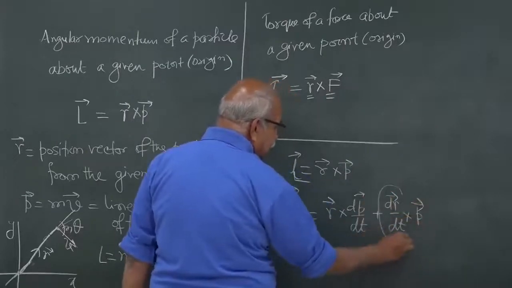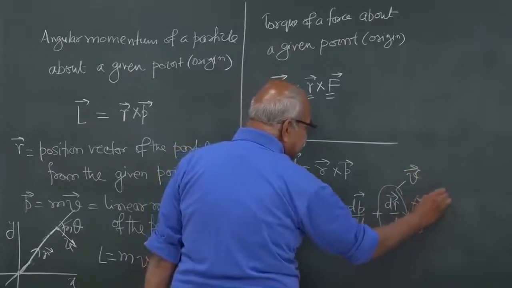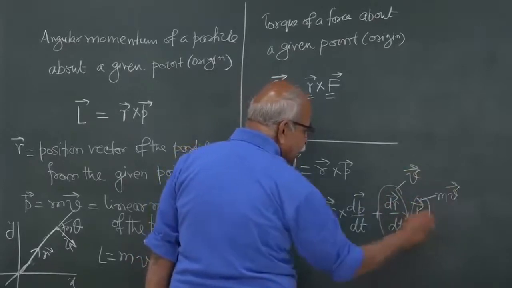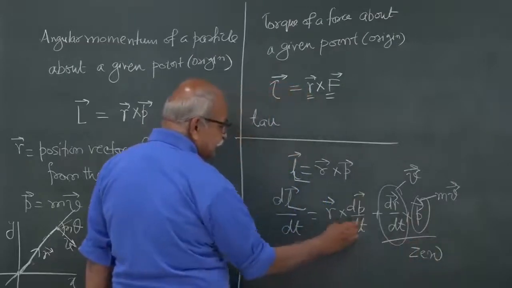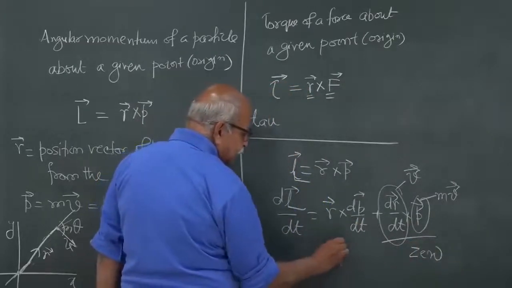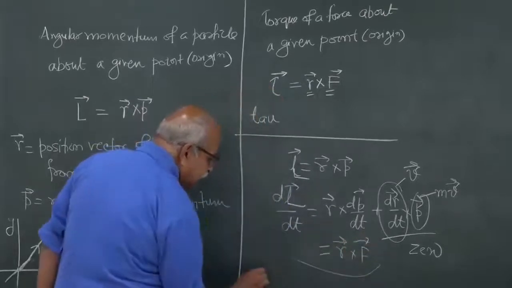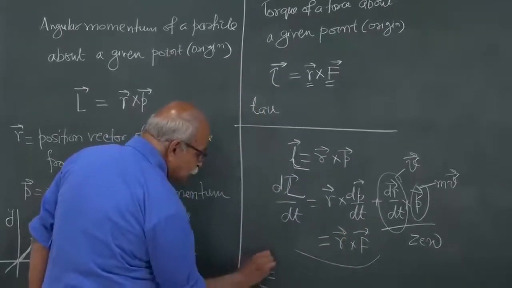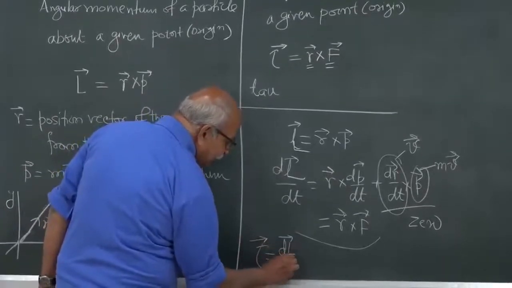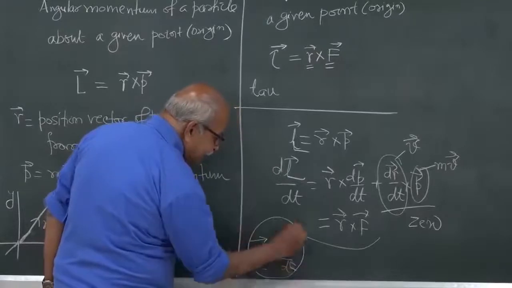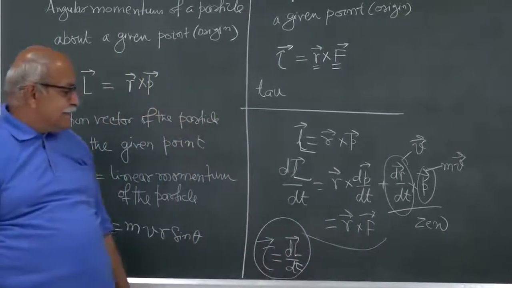Now, dr/dt is the velocity vector and p is mass times the velocity vector, so the cross product is 0, and dp/dt is F. So, it is r cross F. That means torque is equal to dL/dt. For a single particle we get this very simple equation, torque is dL/dt.